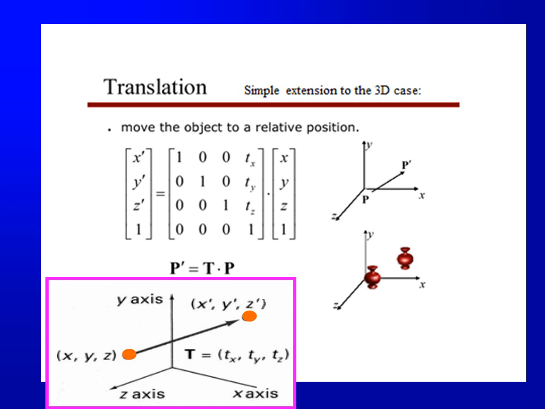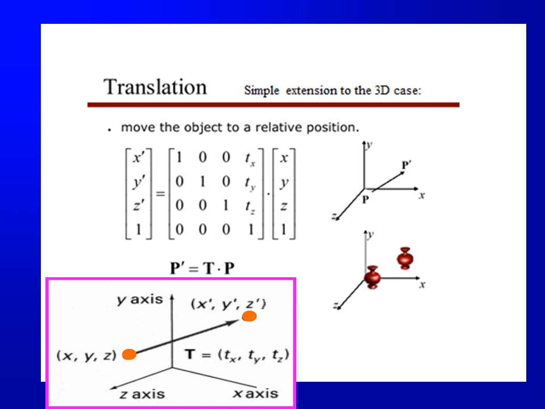So exactly the same as we are seeing in 3-dimensional transformation. So in this, the first matrix is the new value, okay, that is x dash, y dash, z dash and 1. Okay, you can say the new coordinates.